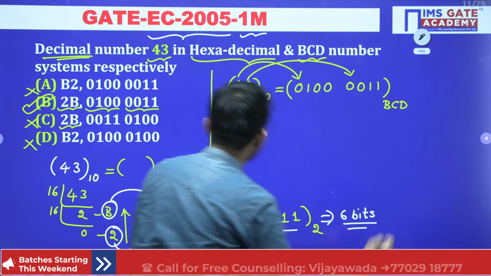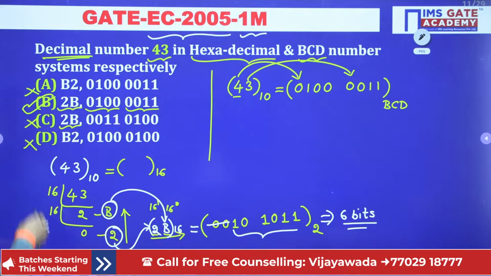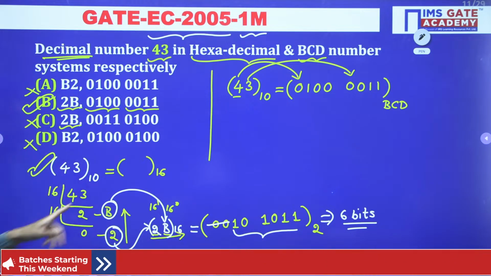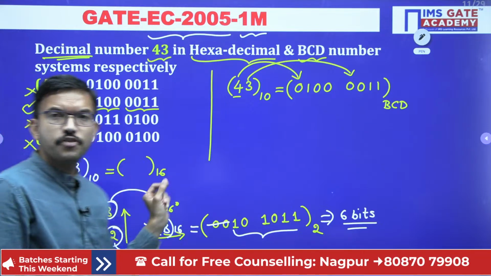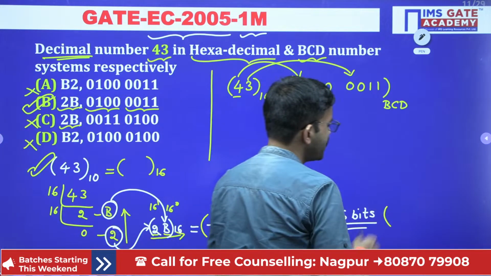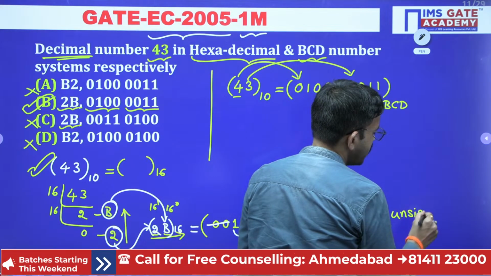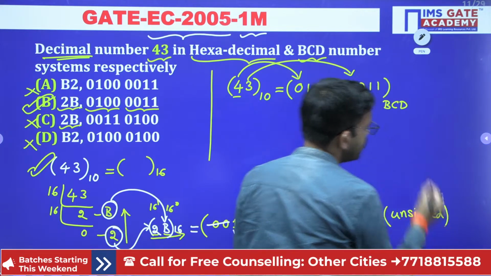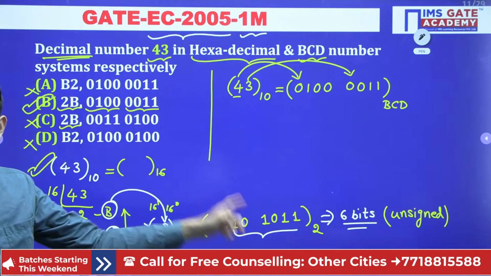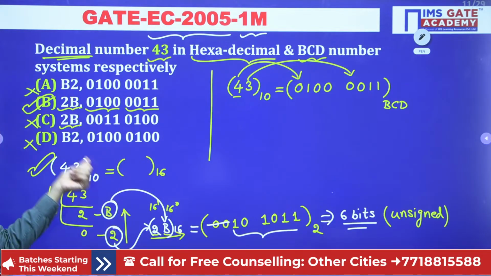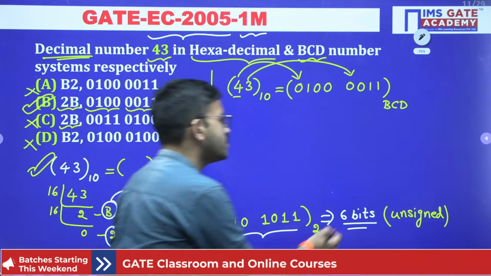That means for representing the decimal number 43, if you are using unsigned representation, actually 6 bits are sufficient.